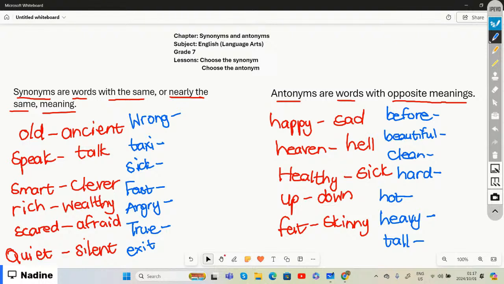And remember, synonyms are words with the same meaning or almost the same meaning, but antonyms are words with the opposite meaning. Yes, so another word for taxi is cab. Well done. Wrong, another word for wrong is incorrect. Well done. Yes.